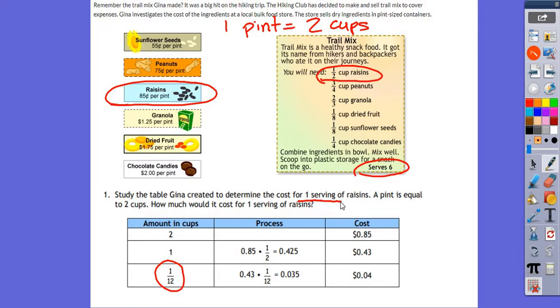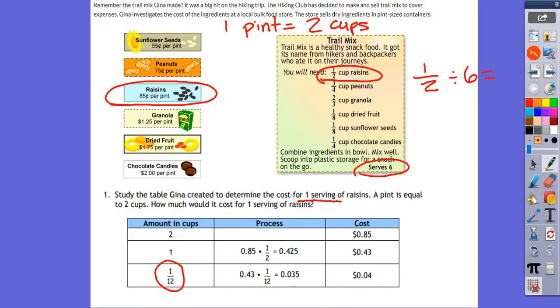How do I find how many cups of raisins serves 1 person? Divide by 6. For a bonus point, what is the proper way that we say to divide fractions? Ramelis. Very good. Bonus point.